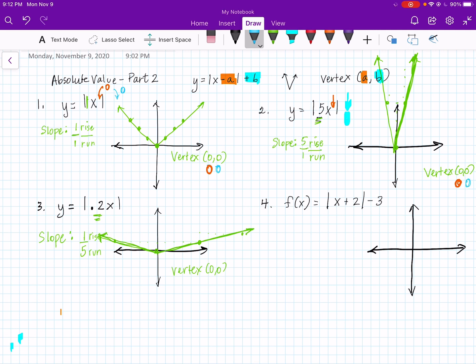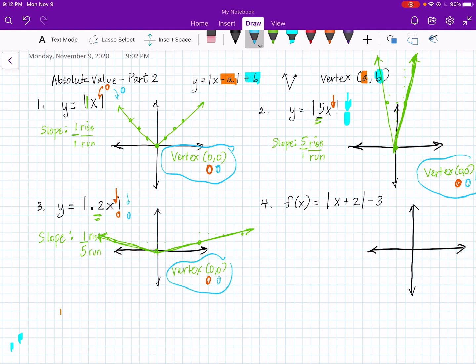So again, my vertex ended up being 0, 0. Just like here, my vertex ended up being 0, 0. One more time, inside the A. Anything in here after the x? Nope. 0. And outside, anything here? Nope. 0. All right, so those are all my vertexes.